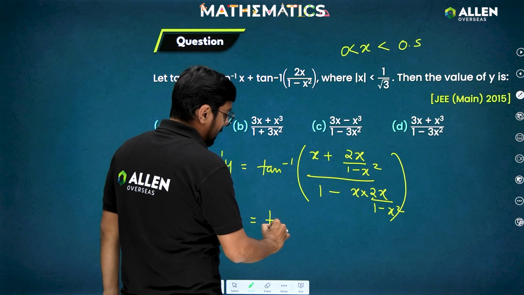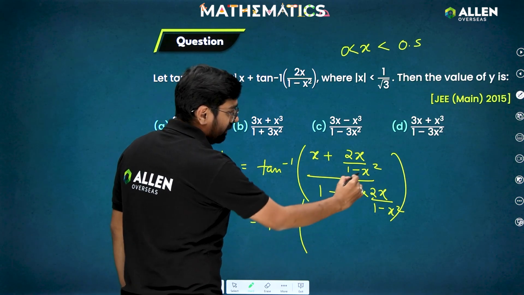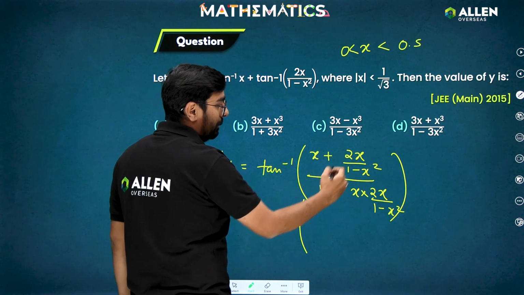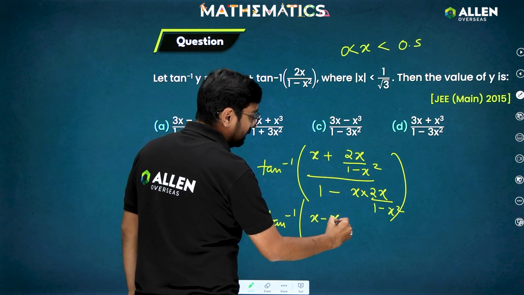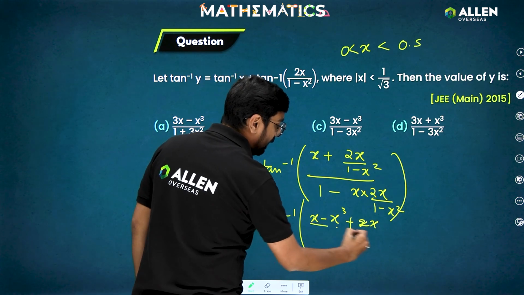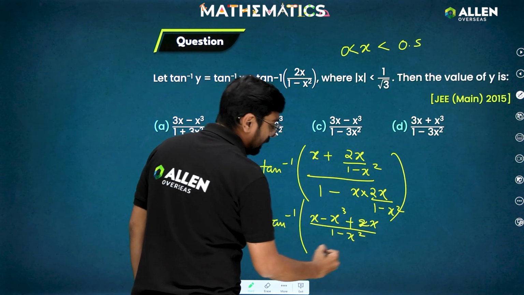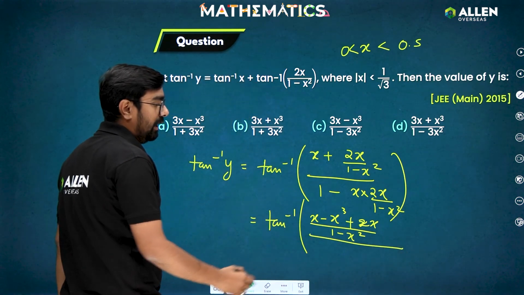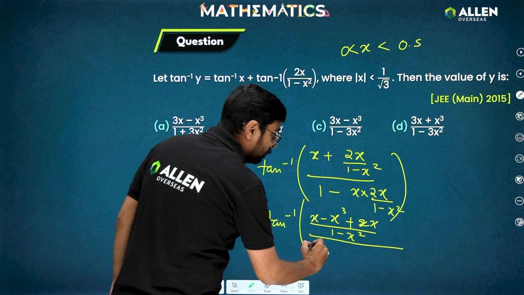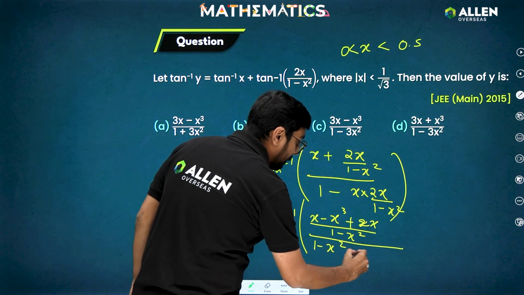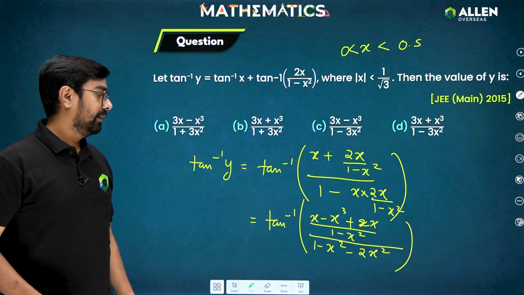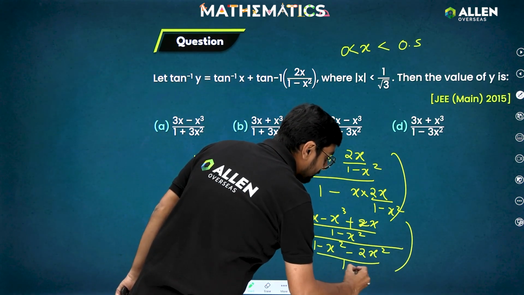So let's write this, tan inverse. This part will become 1 minus x square into x, so x minus x cube plus 2x, divided by 1 minus x square. And in the denominator, I'm going to have 1 minus x square into 1 minus 2x square, so 1 minus x square minus 2x square, divided by 1 minus x square.